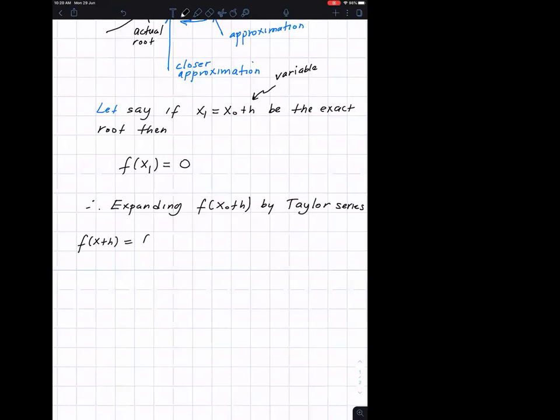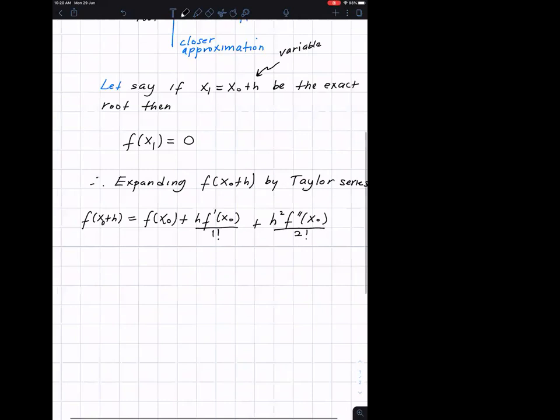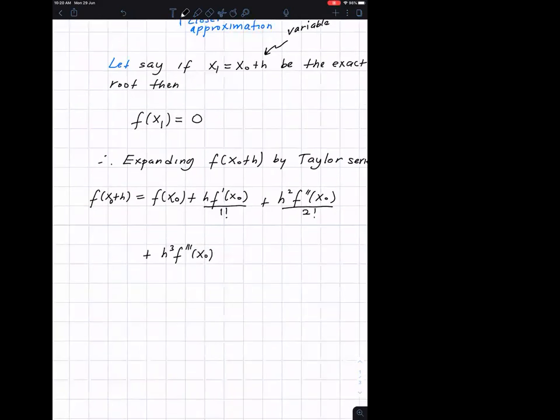Taylor series expansion: f(x0 plus h) equals f(x0) plus step size h times the first derivative f'(x0) divided by 1 factorial, plus h squared times the second derivative divided by 2 factorial, plus h cubed times the triple prime, okay, and so on.